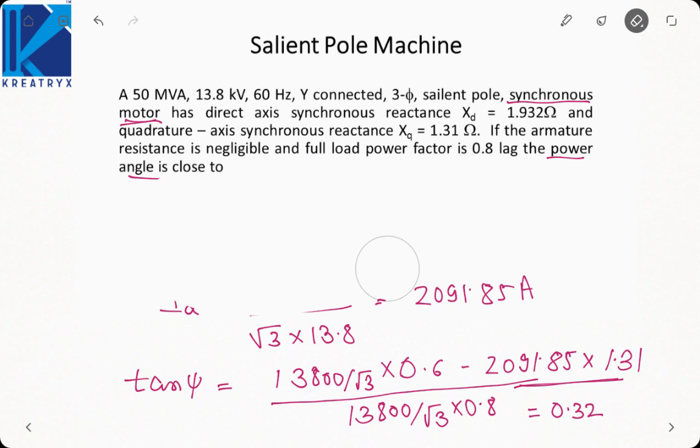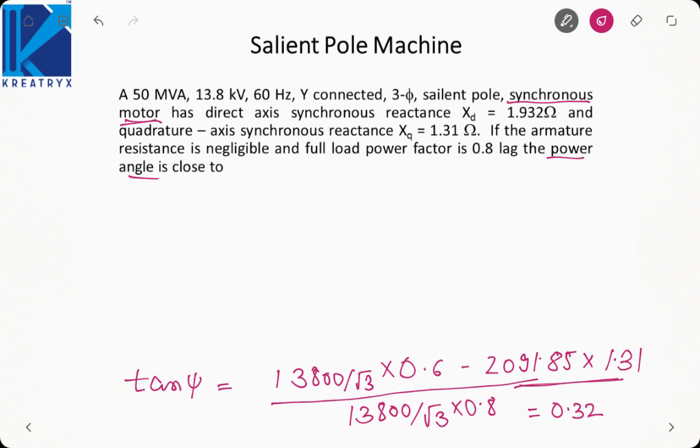Now for motor we know psi is equal to delta plus phi. But we all know delta is negative for motor, psi is negative, and phi will be positive because it is lagging. So delta will be how much? It will be phi plus psi.